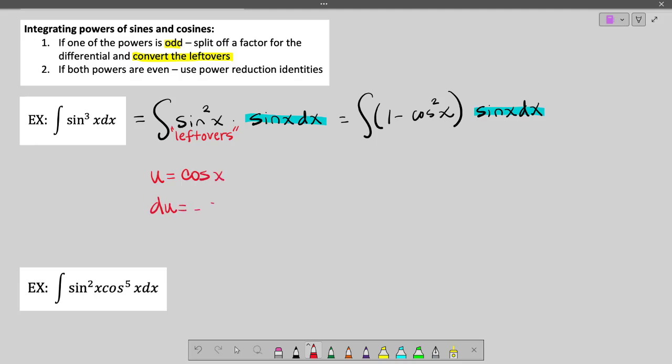then du will be minus sine of x dx. And the minus, you don't have to write this step if you don't want to, but the idea is that the sine x dx is going to be replaced with some constant multiple of du. So this will be the integral of 1 minus u squared du, and then a minus sign I can pull to the front. So sine x dx gets replaced with minus du.